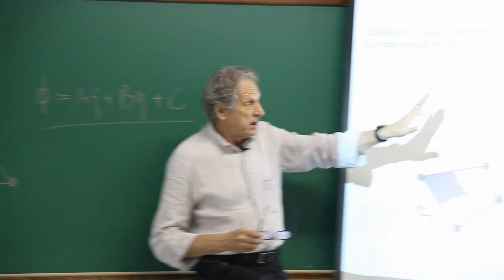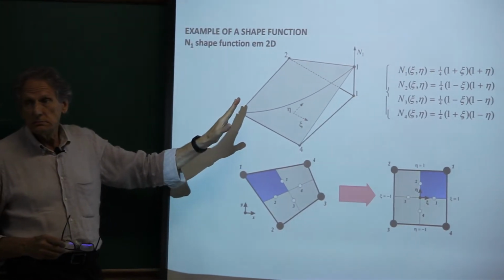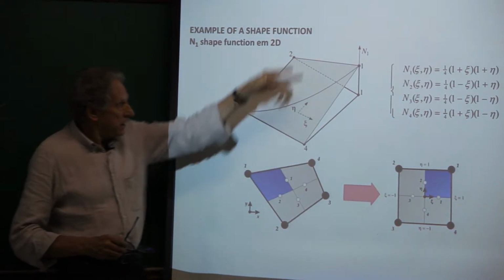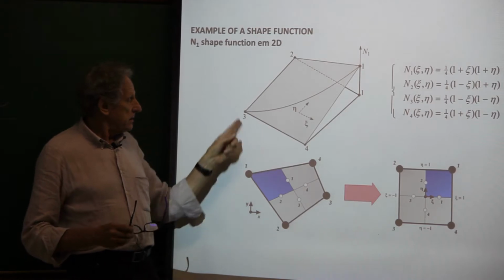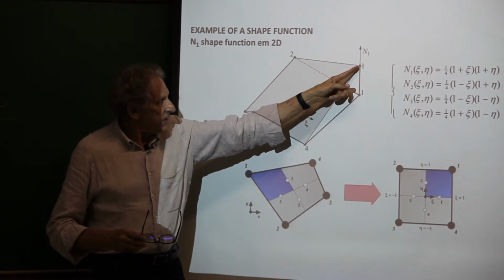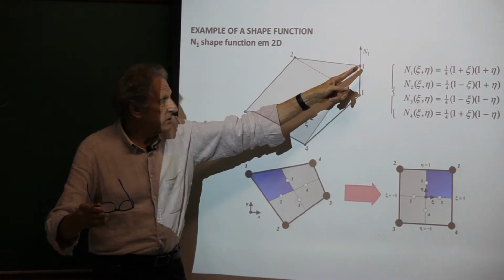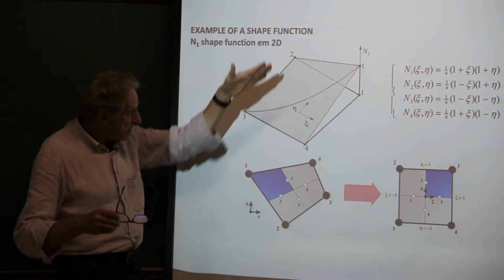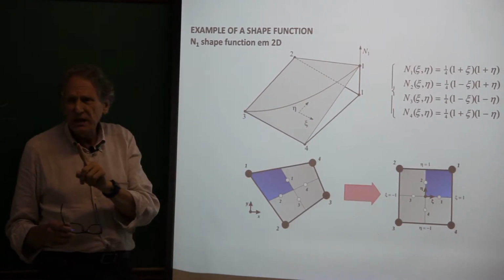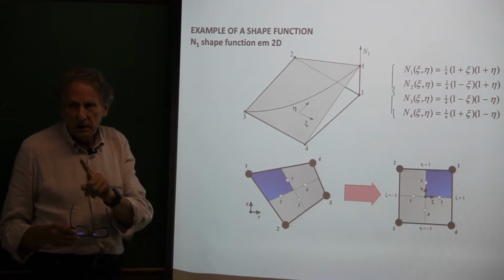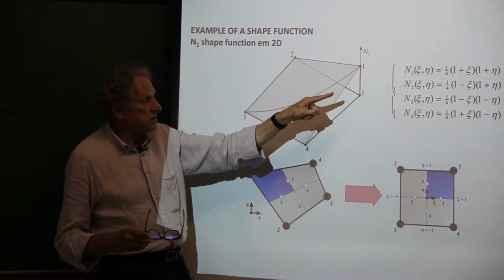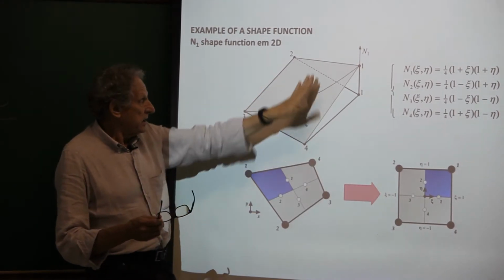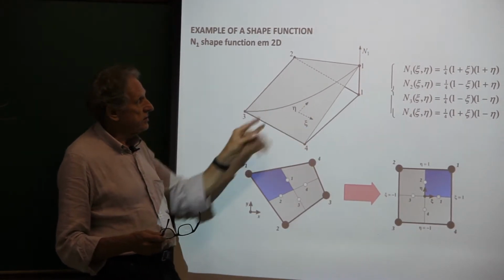It's not a plane, it's not linear, there is some curvature. I try to draw the behavior of the function from point 1 to 3. It's like that. So it's a bilinear function: linear if xi is constant, linear if eta is constant, but bilinear in the rest of the domain.